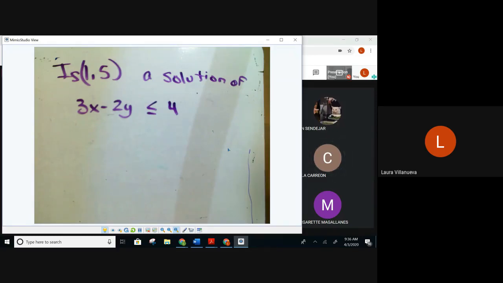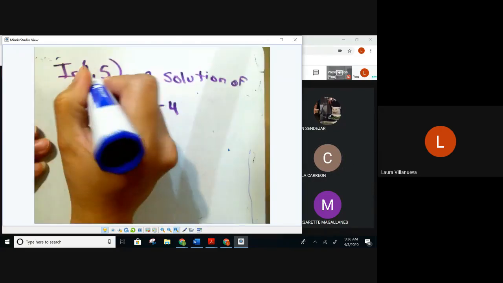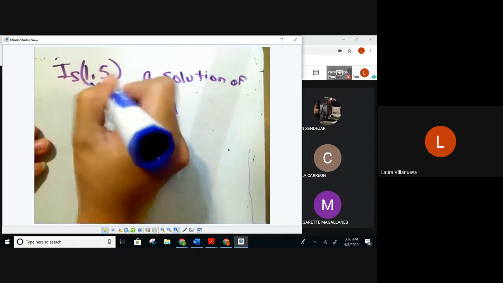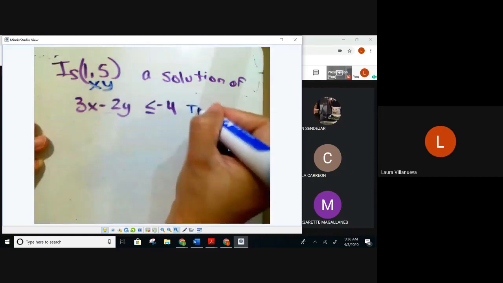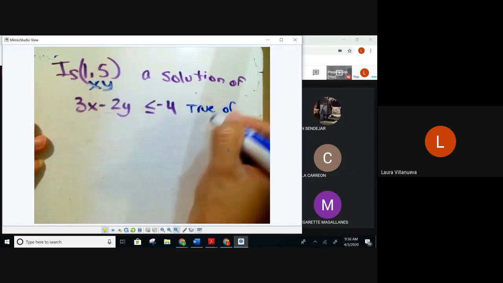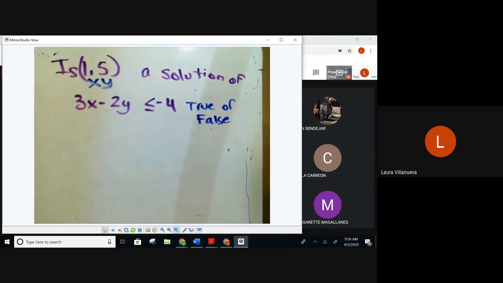This is actually a negative. I'm not going to move anything here, because if you just plug in, you can just see if it's true or false. Try it out. Plug in the things.